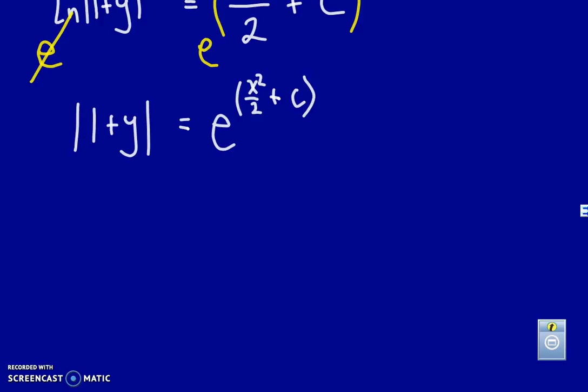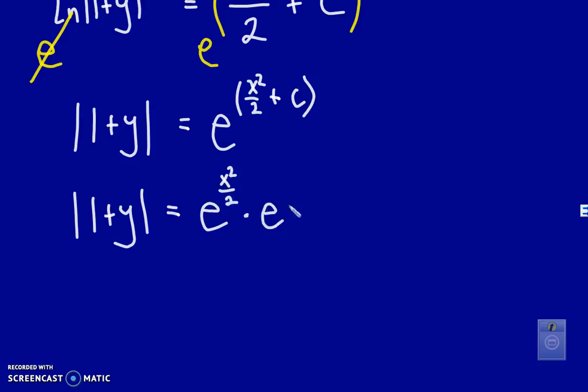Now, we have the absolute value of 1 plus y is equal to, this is the same as e to the x squared over 2 times e to the c. Now, keep in mind, e is a constant.